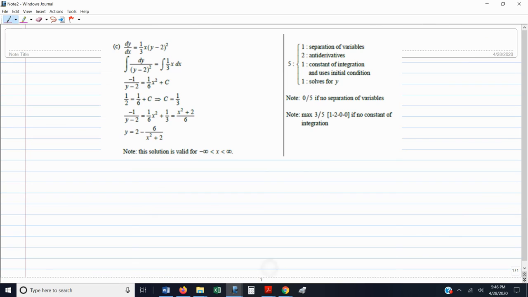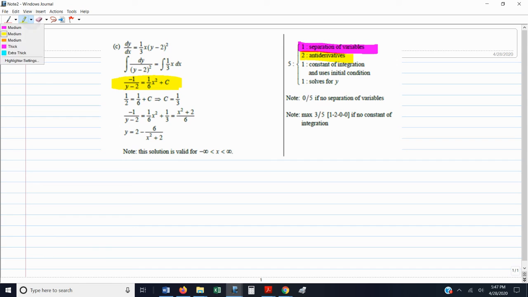So the rubric, which I was narrating to you the entire time, is the first point comes from you being able to separate the variables, get the x with dx, get the y with dy. 2 points awarded to being able to get the antiderivatives, and even the very first step we had, where it didn't look as nice as the cleaned up version, would give you those 2 points still.